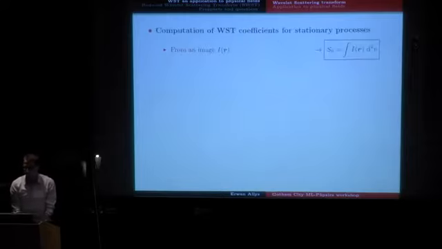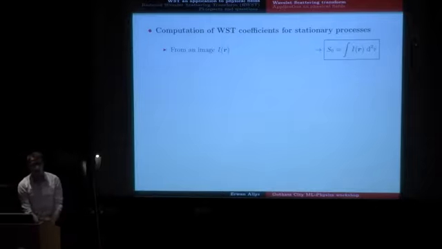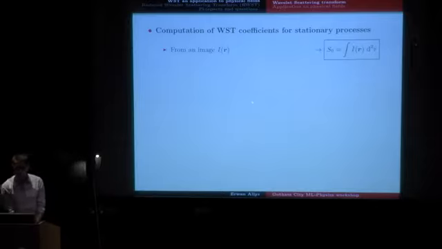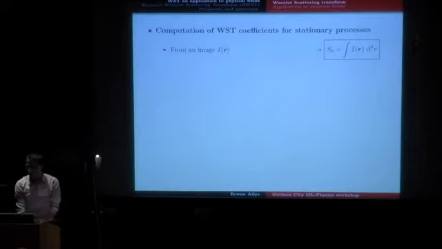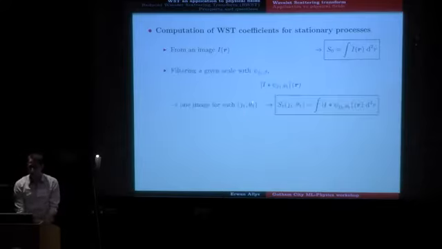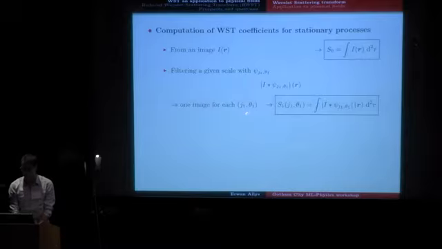To compute the WST coefficients, we assume we work with a stationary process, so we can integrate over the whole image. From an image, A of r, we can just integrate the image to get the mean. It's the 0th layer, S0. We can filter the image at a given scale by doing a convolution with the wavelet at a given oriented scale, j1, theta 1. We then take an L1 norm, a modulus.